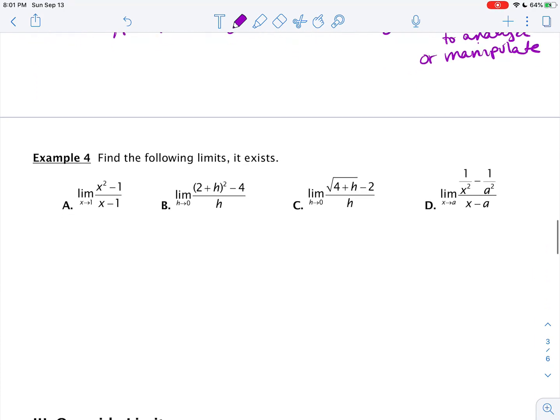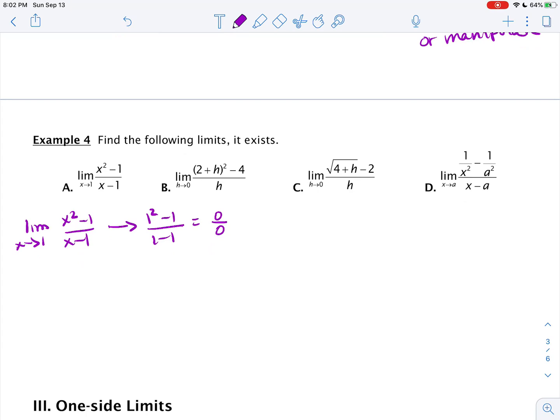Looking at A, this is an example where I try to do the limit as x approaches 1 of x squared minus 1 over x minus 1. If I plug in the values, I get 1 squared minus 1 over 1 minus 1, which would be 0 over 0. That tells me that x minus 1 is going to be a factor of the numerator and the denominator. So I start to manipulate that, and I factor the numerator. x squared minus 1 factors to x minus 1 times x plus 1, and in the denominator we still have x minus 1.